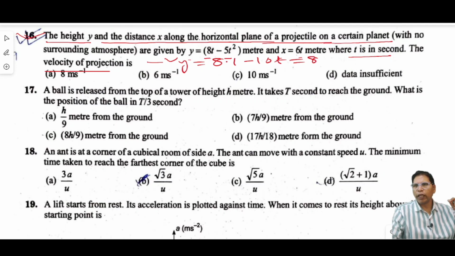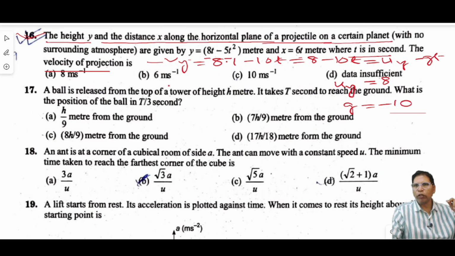Okay, so this is the 8 minus 10t. If you compare this, so this is the uy minus gt. So here initial vertical velocity is 8 and acceleration g is equal to minus 10.